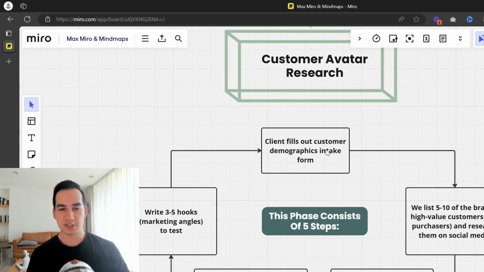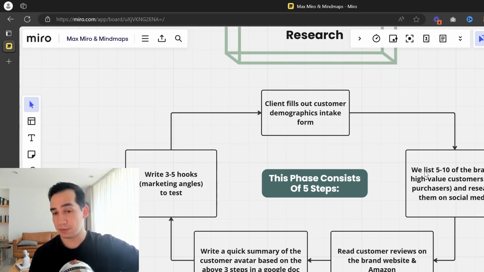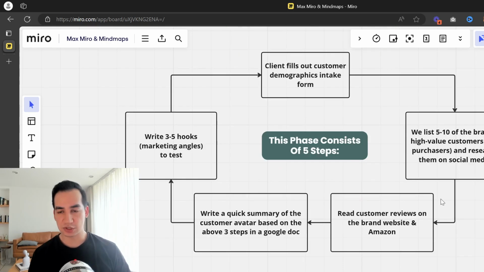So here's our process. When the client signed up with us, they fill out this customer demographics intake form. Obviously, our client knows their customer a lot better than we do at first. From there, we list 5 to 10 of the brand's high value customers, people who've purchased 3x or more over time. And then we research them on social media, to get a feel for what they're like.